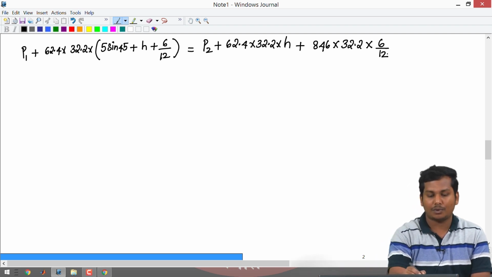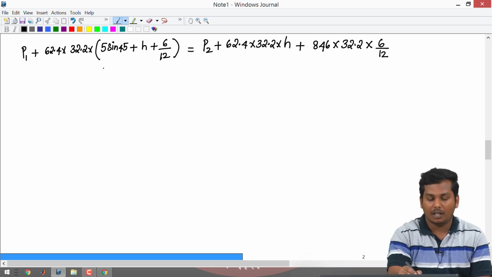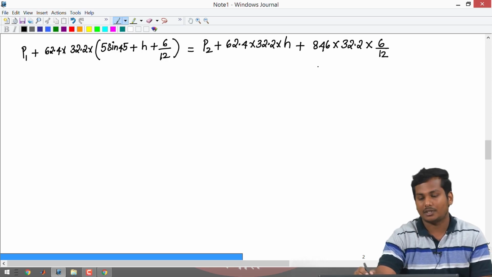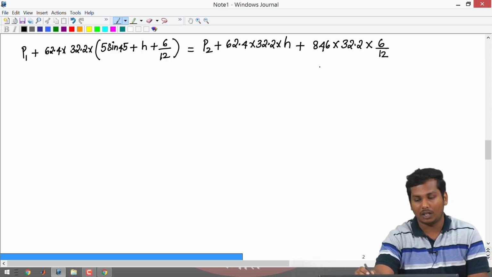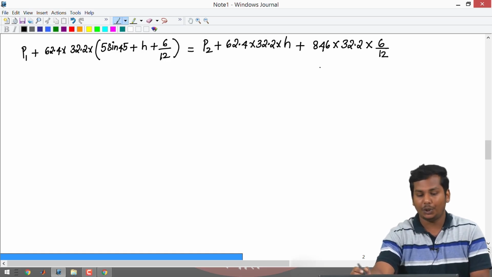The LHS corresponds to the pressure exerted by fluid at point capital 1, and the RHS represents the pressure exerted by the fluid water plus the pressure exerted by the mercury at point 2.